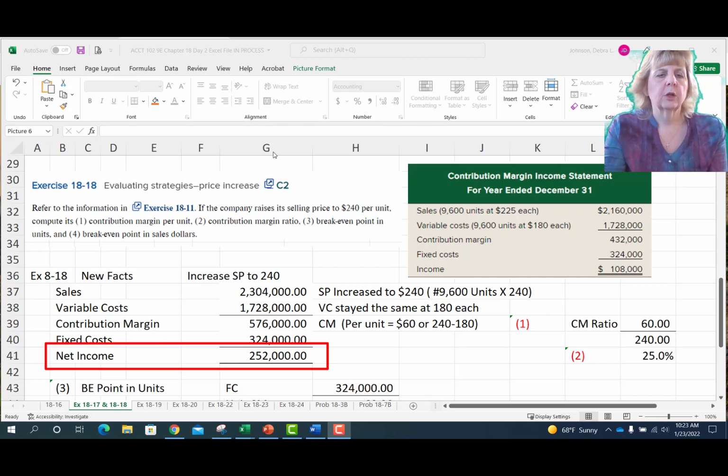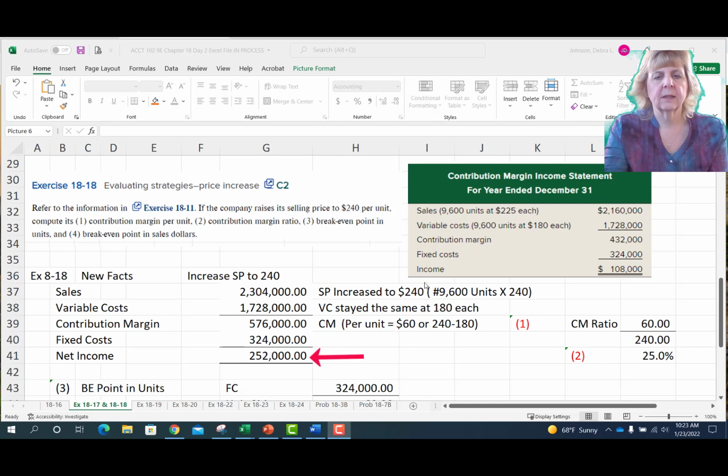But we want to show you as many alternative solutions as possible. So on the screen, you'll see a new income statement with the sales price increased to $240. We come up with exactly the same projection that we just made. Take a look at that, and then we'll specifically answer the four questions that the author asked.